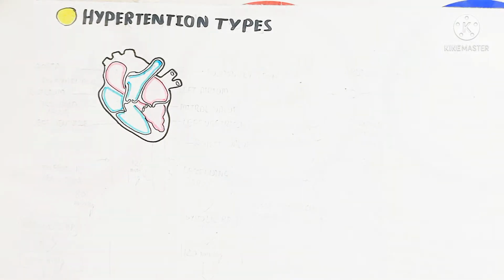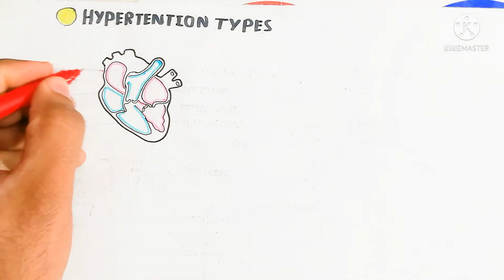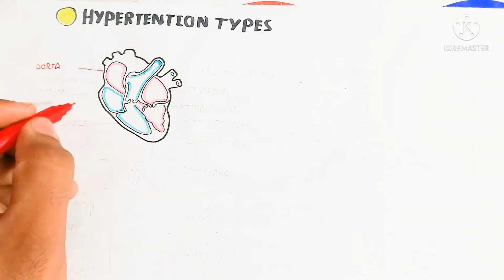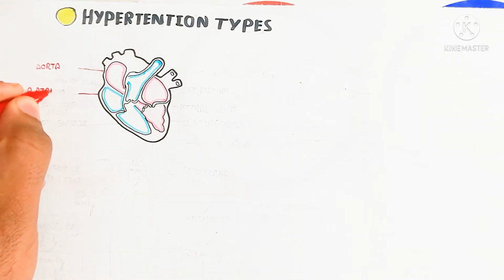So here is the aorta, the left atrium and right atrium, and the left ventricle and right ventricle.